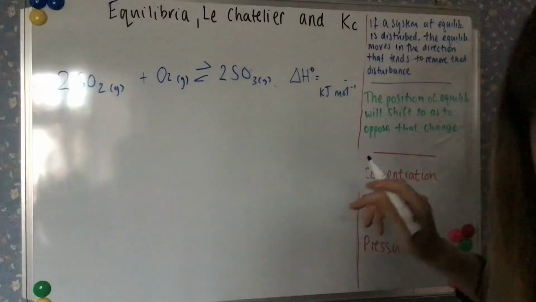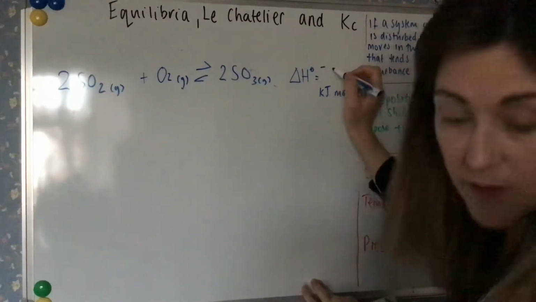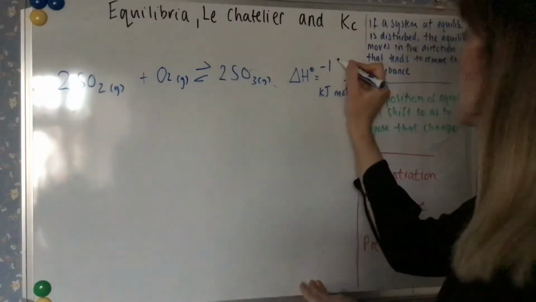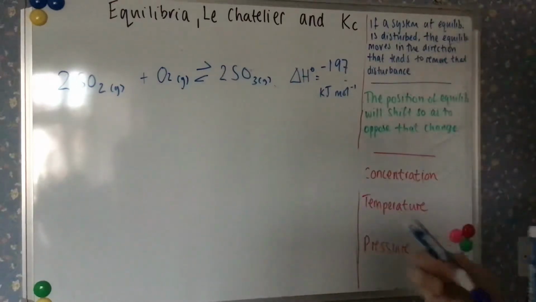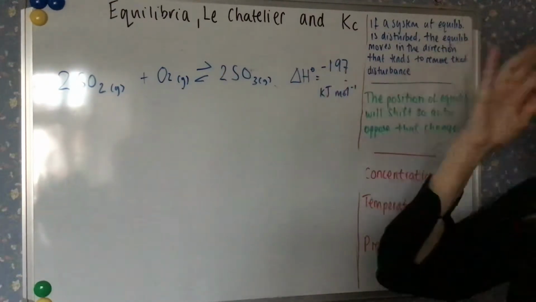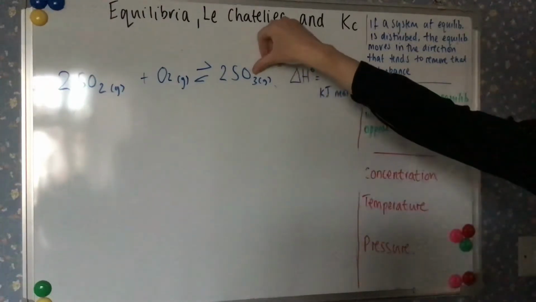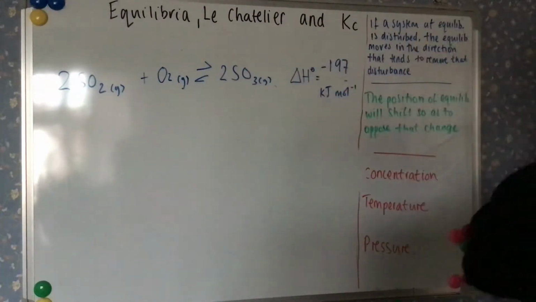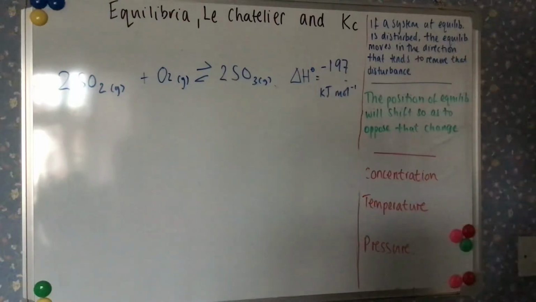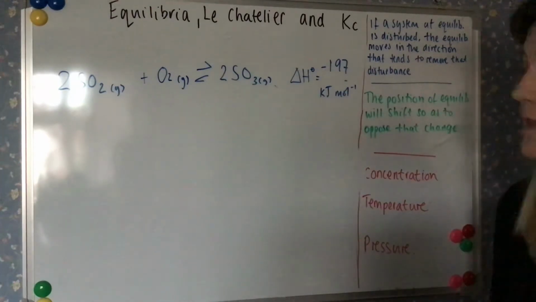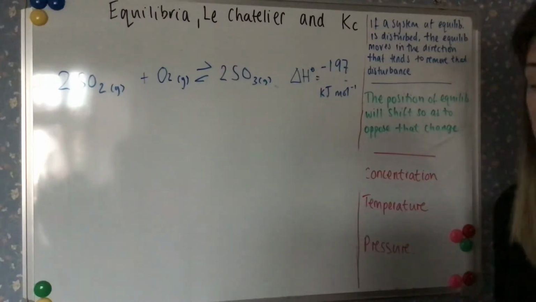And the enthalpy change of the reaction is negative 197 kilojoules per mole. So we know about kilojoules per mole, we know about enthalpy change because we've already done that topic of enthalpy in energetics. So we've got 2SO2 reacting with O2, forming 2 lots of SO3, and the enthalpy change is negative 197 kilojoules per mole.